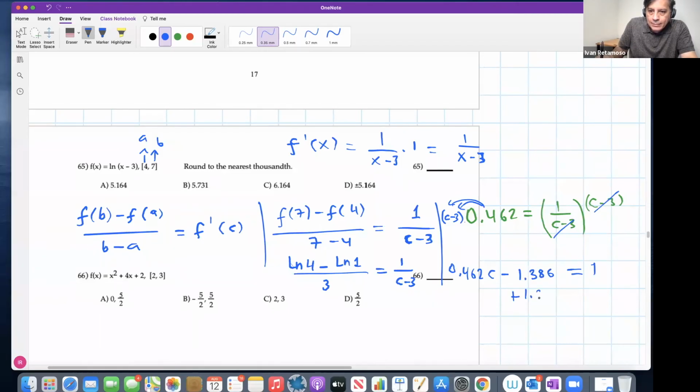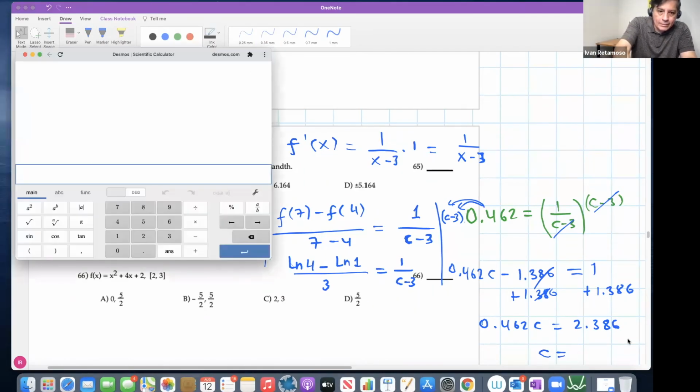Add this to both sides, and that's it basically. 0.462 c equals 2.386. Divide this by this, that should give us the answer.